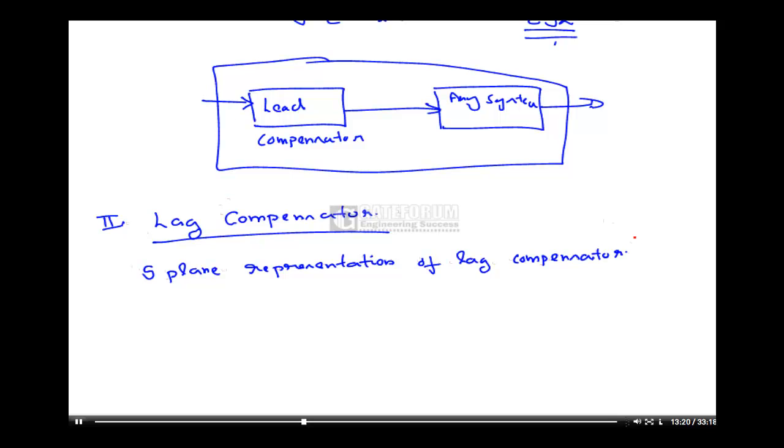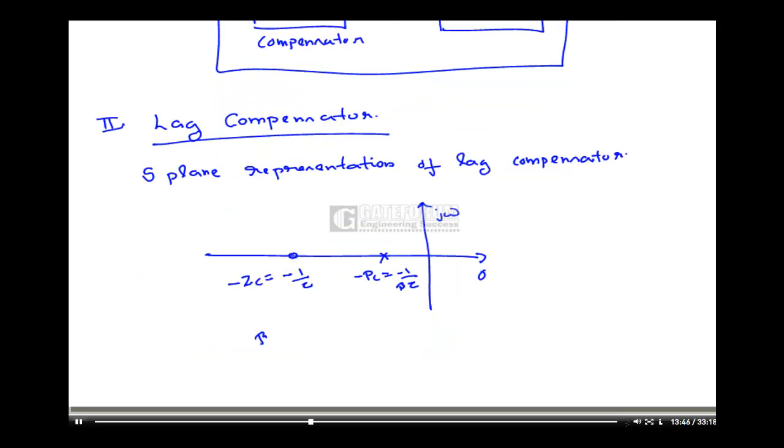Okay. The S plane representation of lag compensator is just reverse of the lead compensator, j omega sigma. In this, pole is near to origin and 0 is away from the origin. Beta value is always greater than 1.